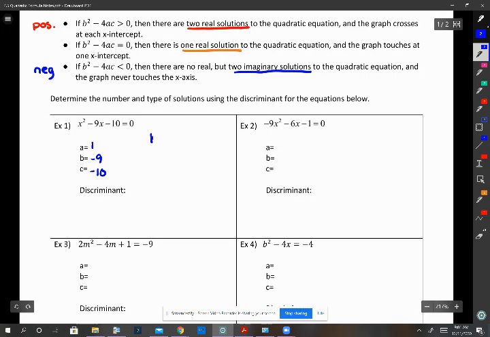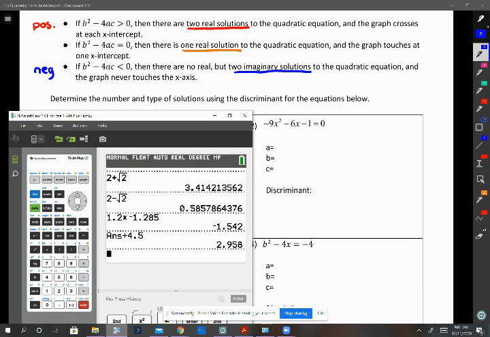Then all we do is plug that in. Our equation again is b squared minus 4ac. That's the only part that I do with the discriminant. So I get negative 9 squared minus 4 times a, which is 1, times c, which is negative 10. Then you just put that in your calculator.